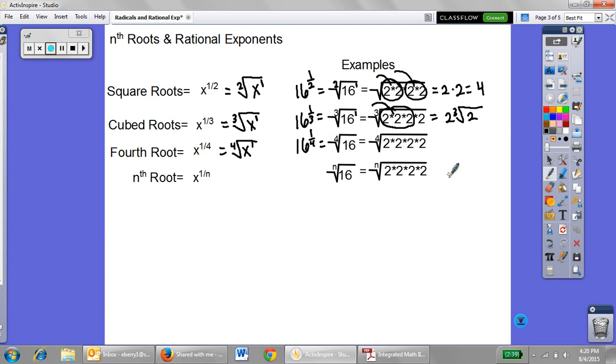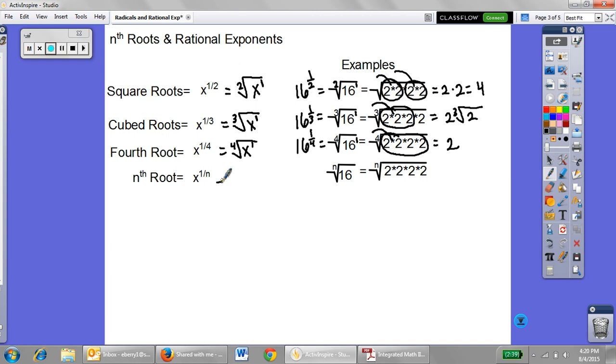And we can see the 4 here showing the 4th root, and 16 to the power of 1 because it has a 1 on the top. This time I'm looking for 4 of the same number because it's the 4th root. So I circle the group of 4, and I can take out that number 2. So the 4th root of 16 is 2 because 2 times 2 times 2 times 2 is 16.